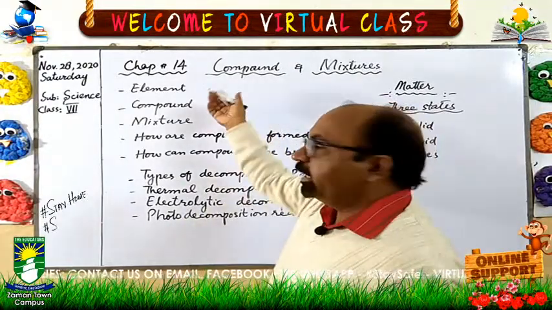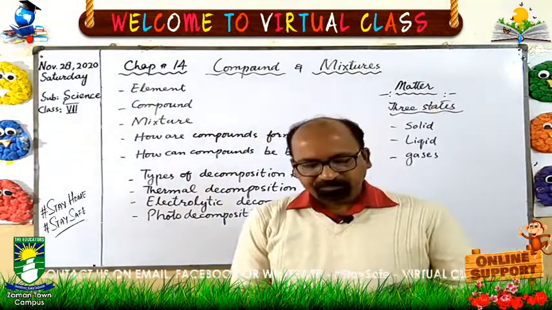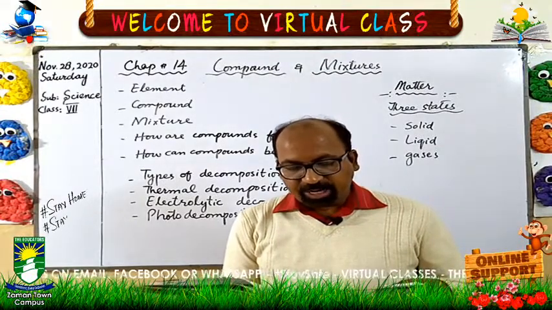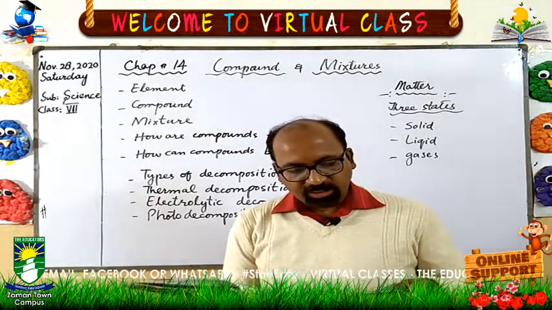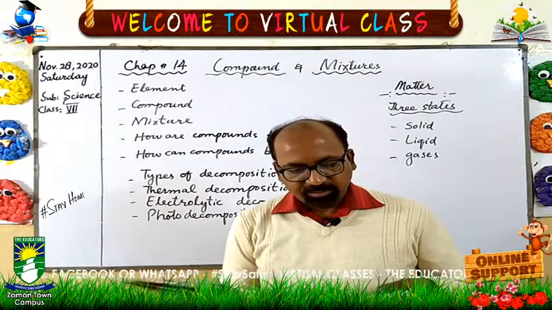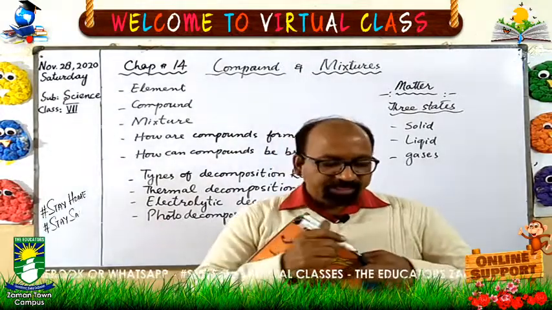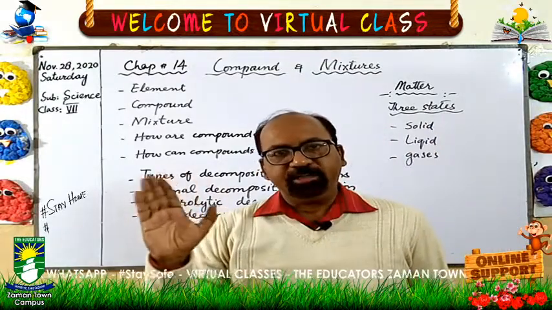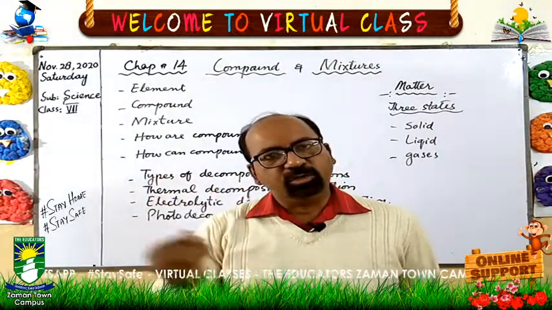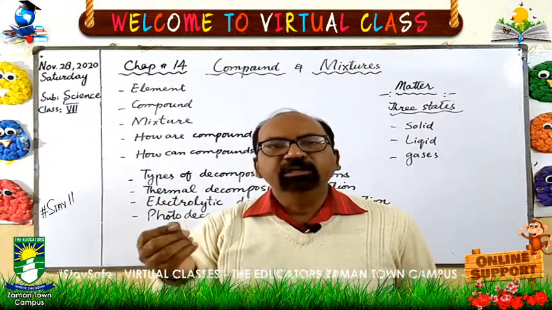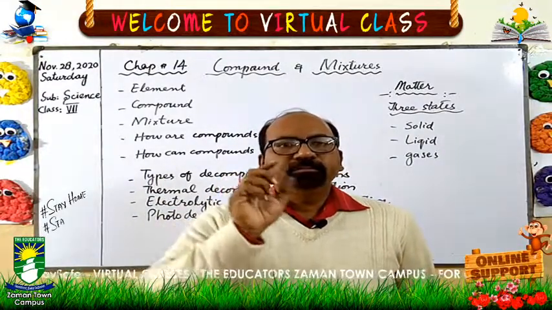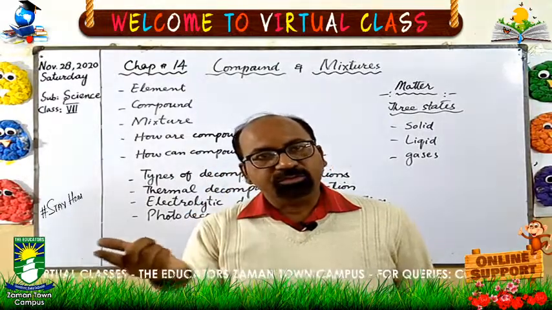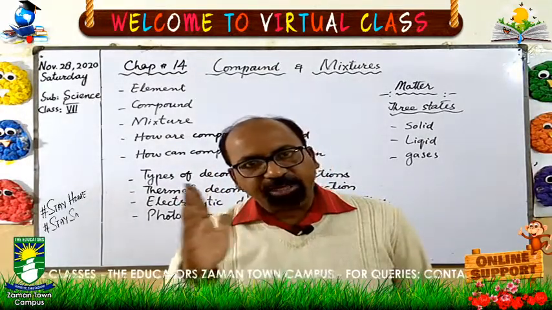Now element. What is element? That is written in your book: it consists of only one kind of atom that cannot be broken down into simpler types of matter. Means anything which has the same type of atoms. Atoms are the basic unit of non-living things, and all the things which we are going to discuss have the same type of atoms.